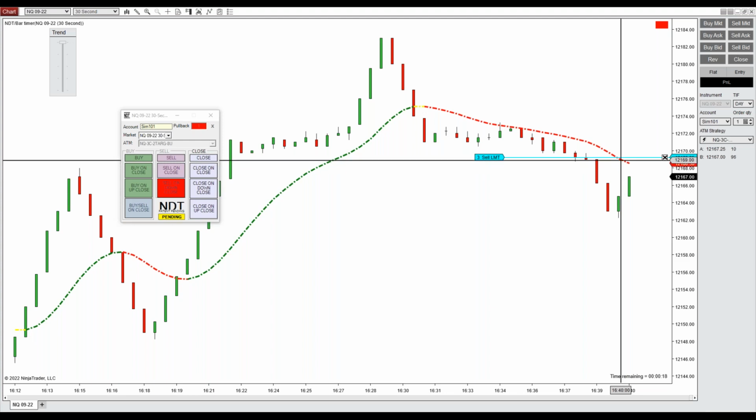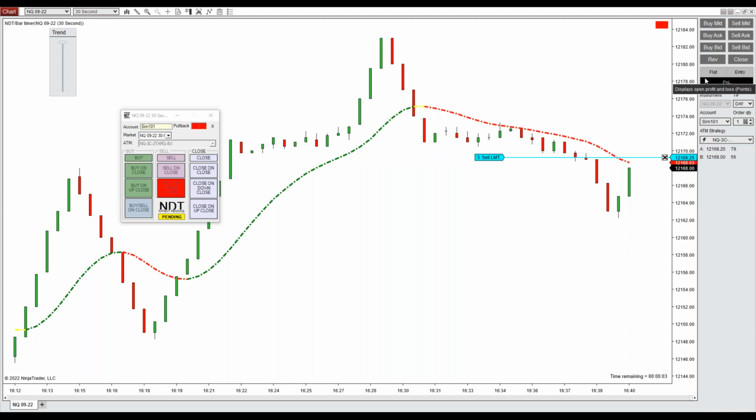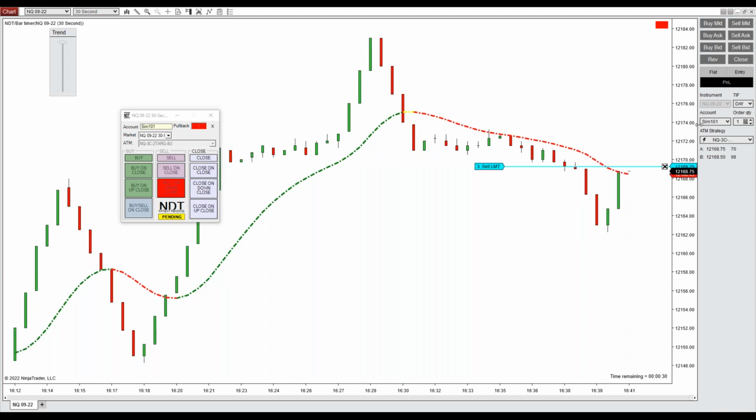Now, the price is coming back. I don't know what happens. See, the P&L is flat here, but it really doesn't matter. You're going to stay in the trade.